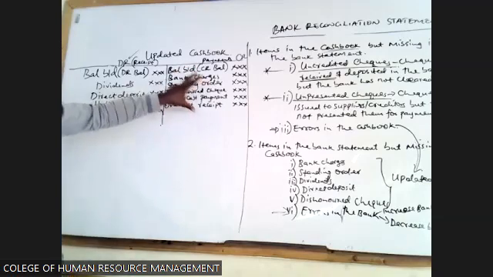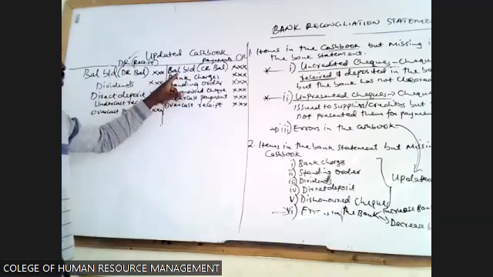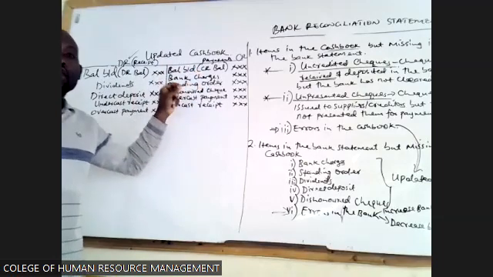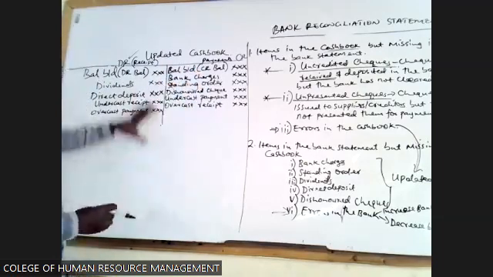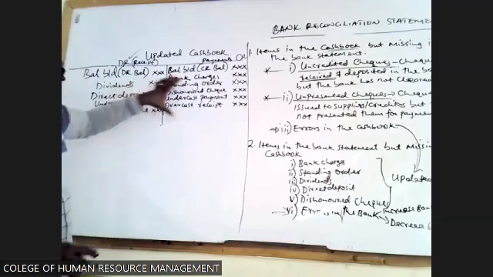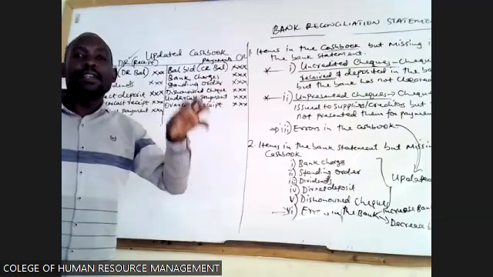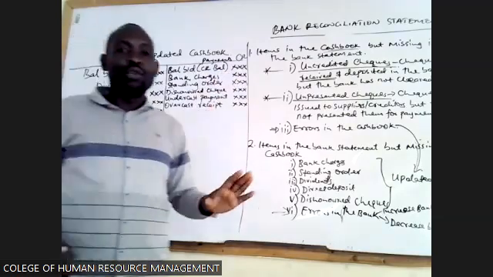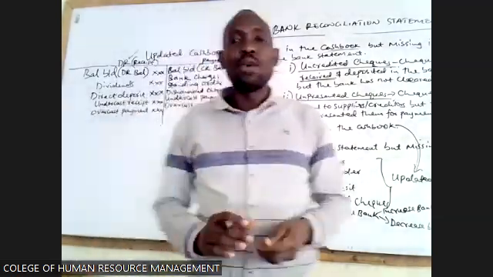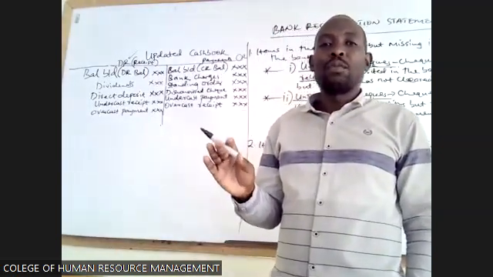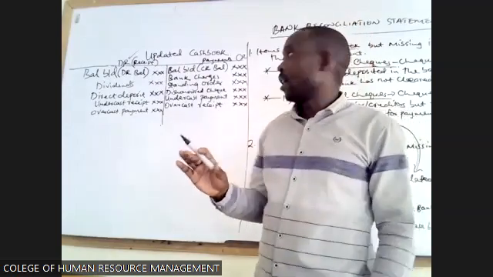Once you have incorporated all this, remember there was the initial balance brought down. This was the initial wrong balance. You add what was supposed to be added, you subtract what was supposed to be subtracted, you will get the correct balance for the cash book, which we call balance as per the updated cash book.